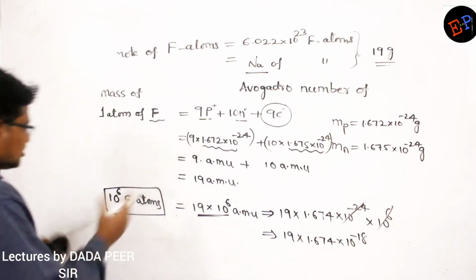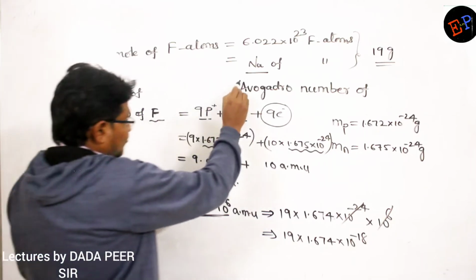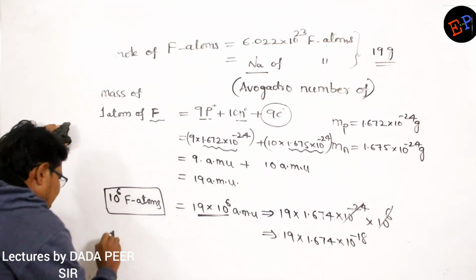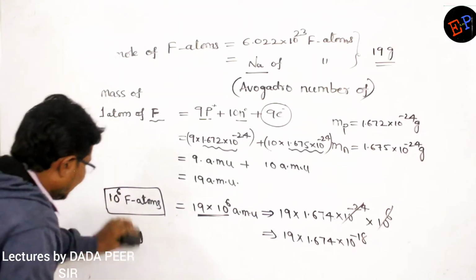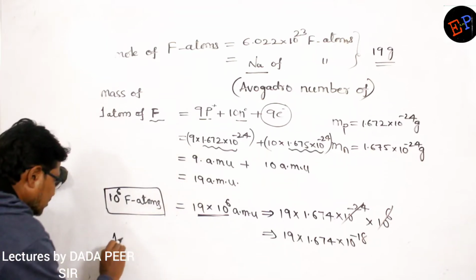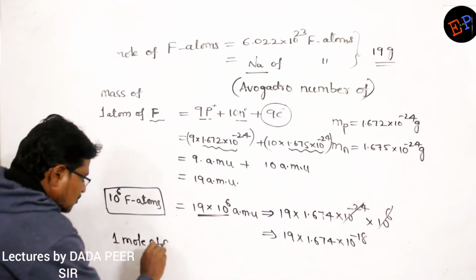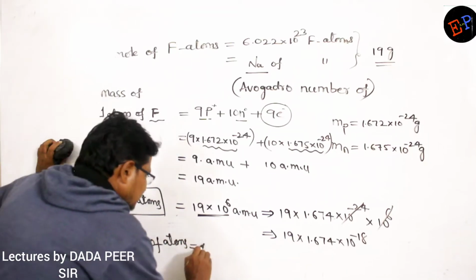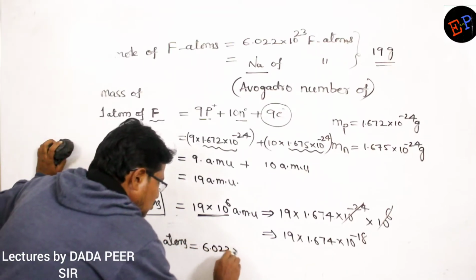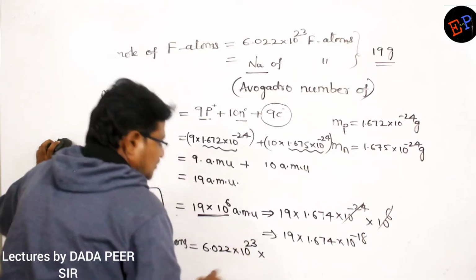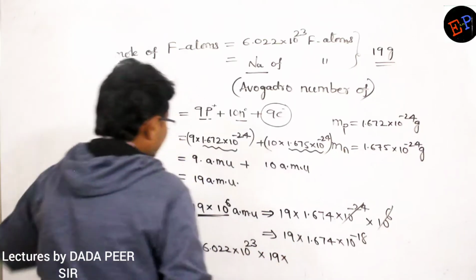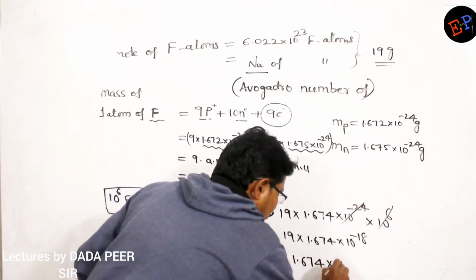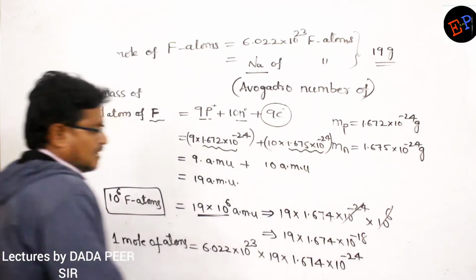So instead of that, I am taking the number Avogadro suggested, Na. Atoms, you may get confused. 1 mole of atoms means 6.022 into 10 to the power of 23 into 19 into 1.674 into 10 to the power of minus 24 grams.